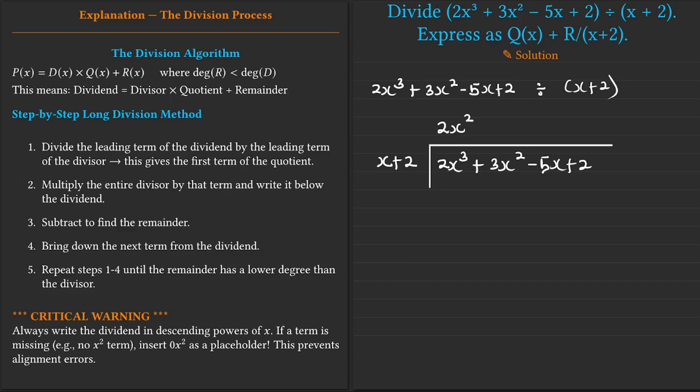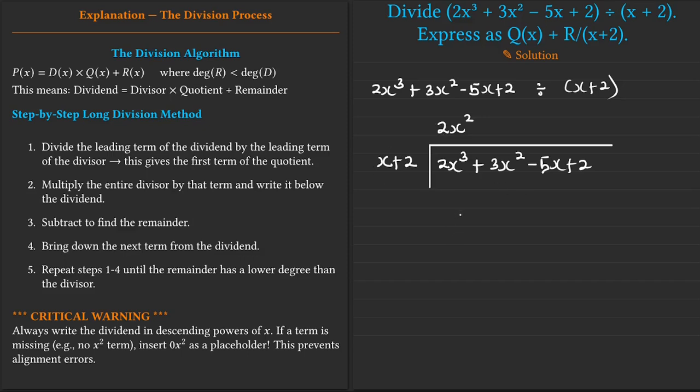So this answer we've gotten, we are going to multiply it by this term of the divisor and also multiply it by this term of the divisor. You remember when we are doing long division, anytime we have our quotient, we multiply and then write something here and subtract.